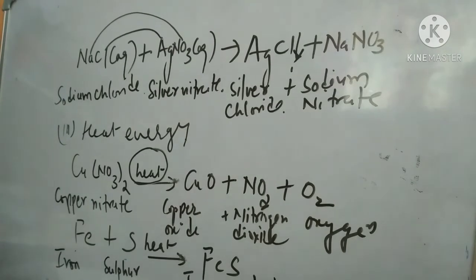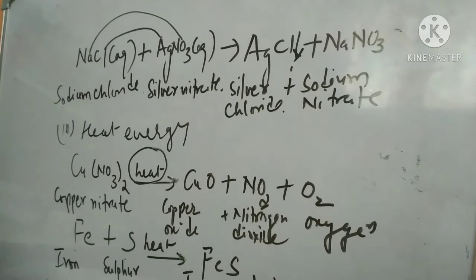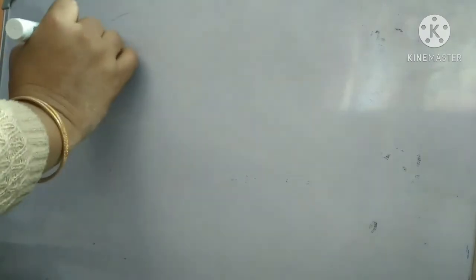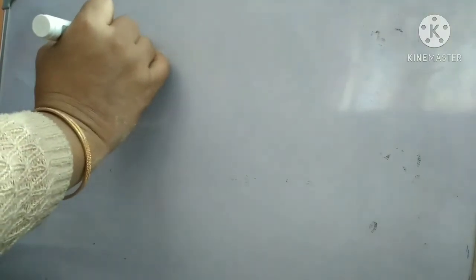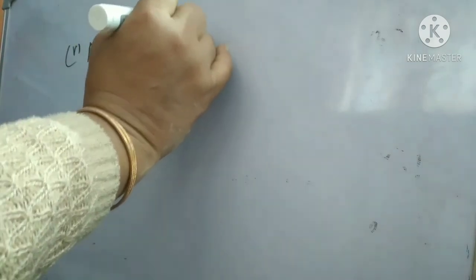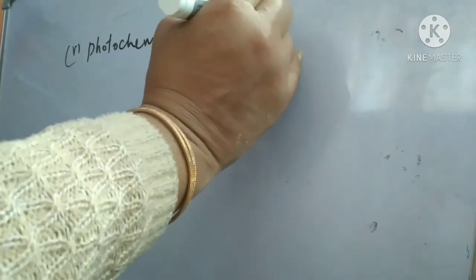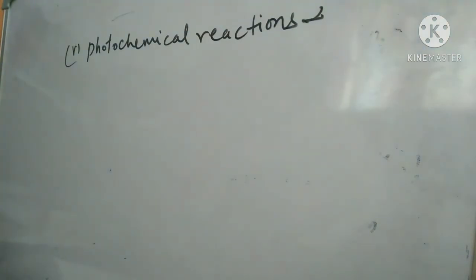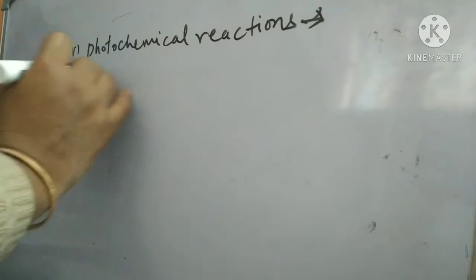Now light energy. Some of the reactions take place only in the presence of light, and so we call them photochemical reactions. The reactions that take place only in the presence of light. So here we can take one of the most common examples, that is photosynthesis.